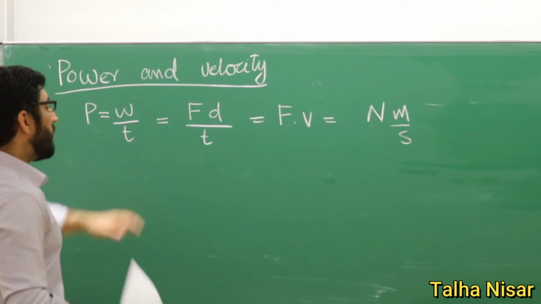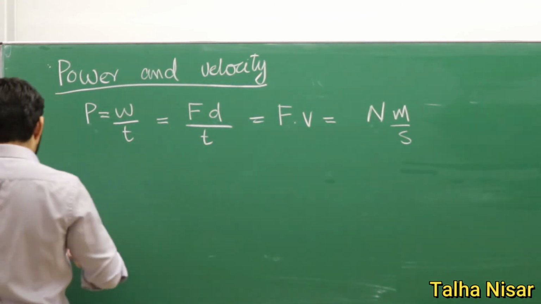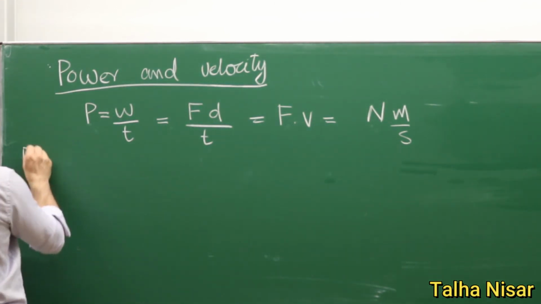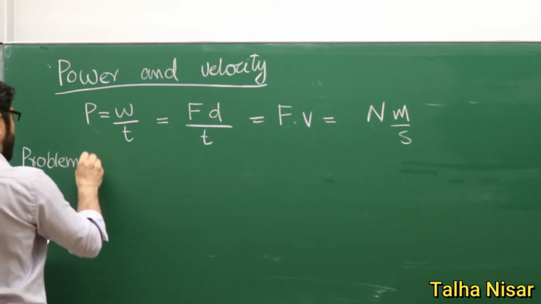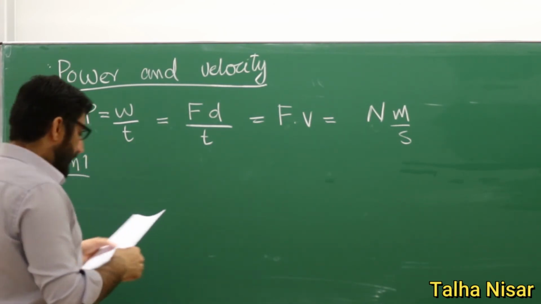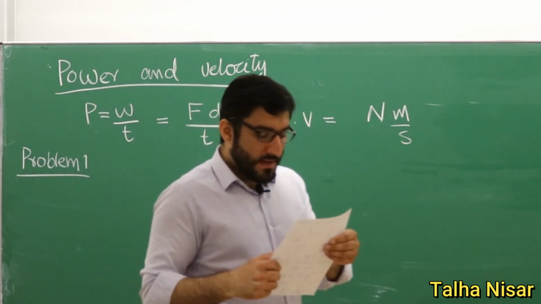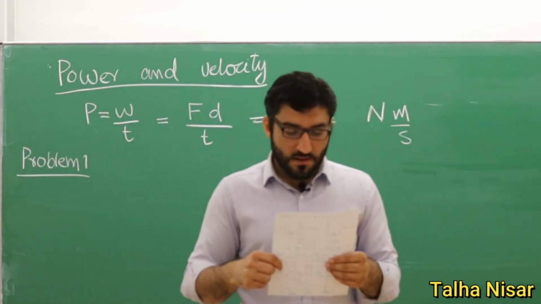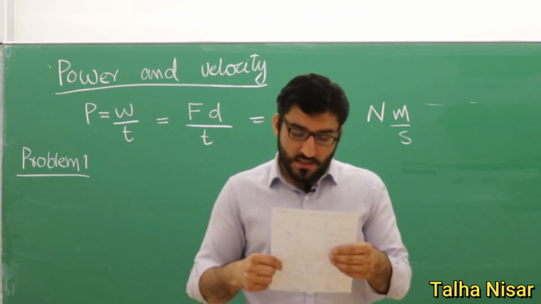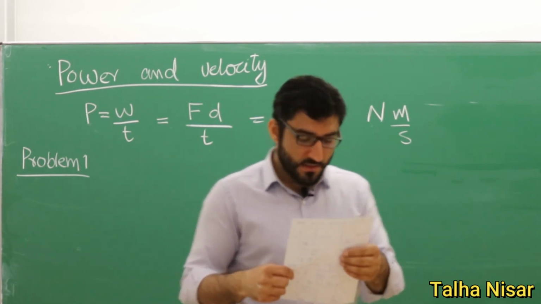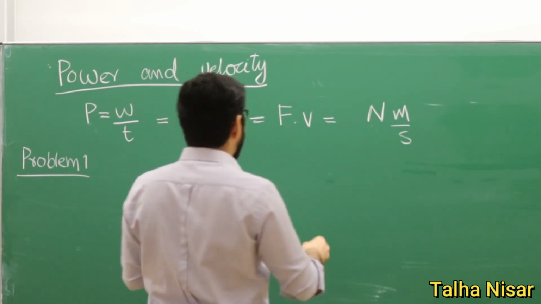So we will solve a related numerical problem. We have a 70 kg man who runs up a flight of stairs in 4 seconds. The vertical height is 4.5 meters, and we are asked to calculate the power.